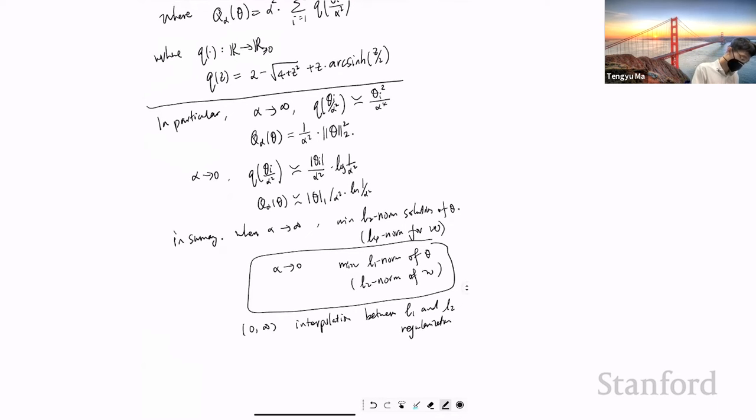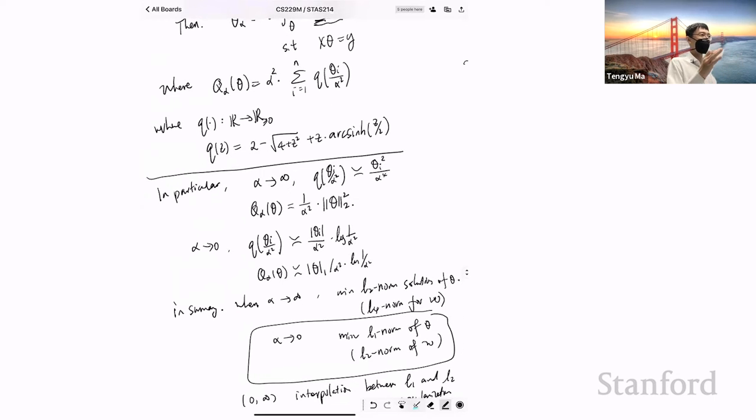So that's why this is more precise than before, right? You know how things interpolate. Of course, for any particular alpha, this Q function is a little bit complicated, but it's kind of like the sum of some power of theta I in some sense. But the power is between 1 and 2. You can kind of think of it like that, but it's not exactly a power.